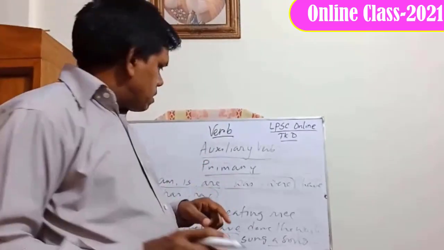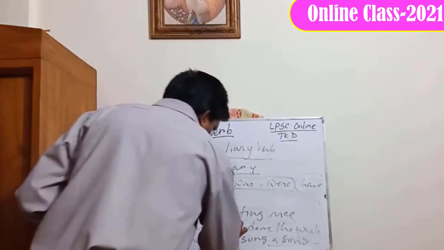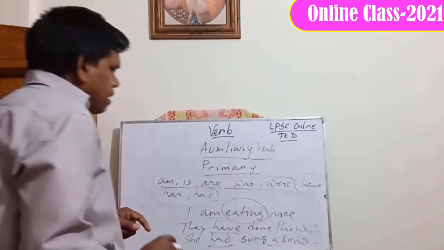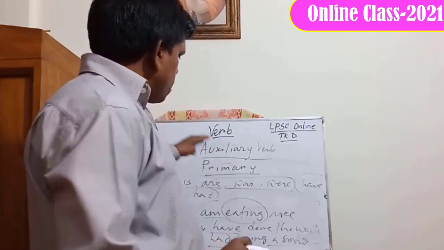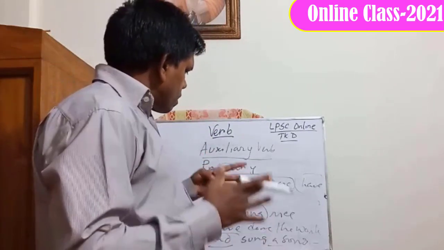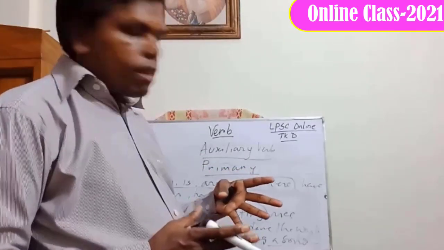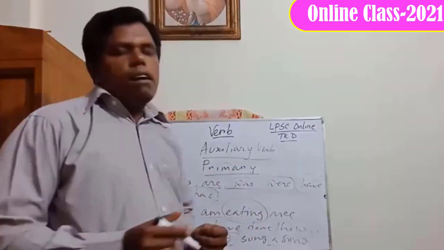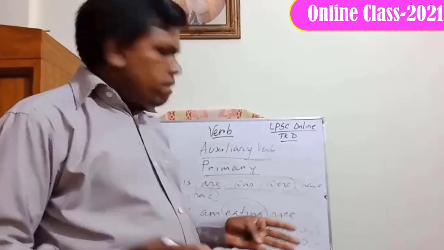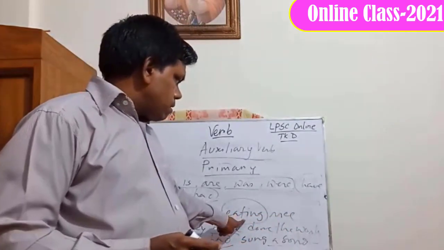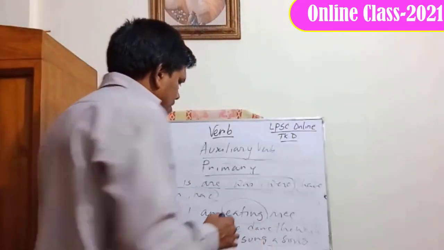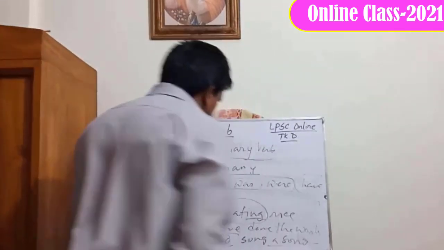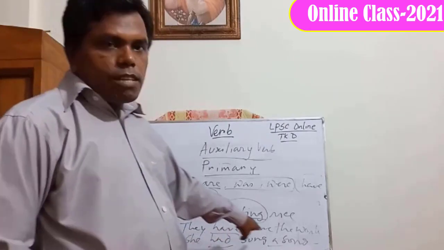What is the main feature of this? It can't let the main or principal verb stay in its own place. The existence of the principal verb is already finished, because they have taken a tail after them. Look, it is not the base form right now.